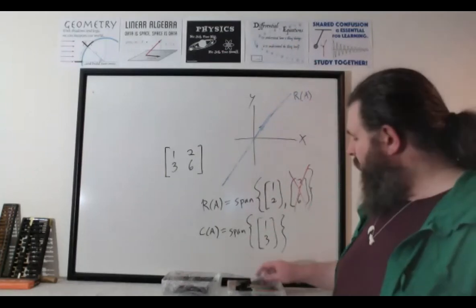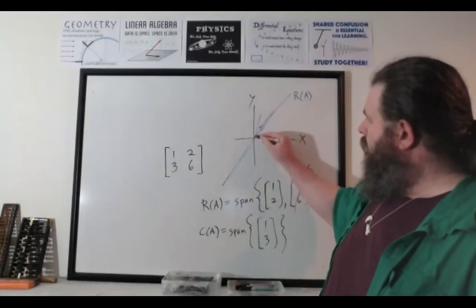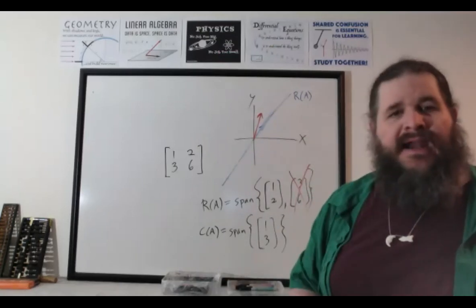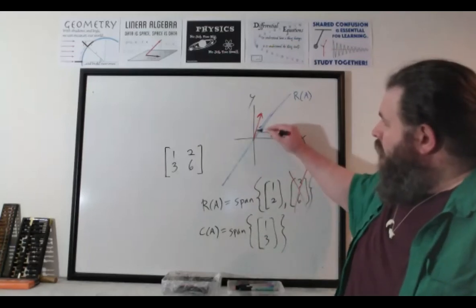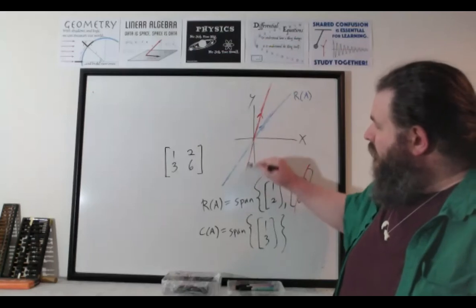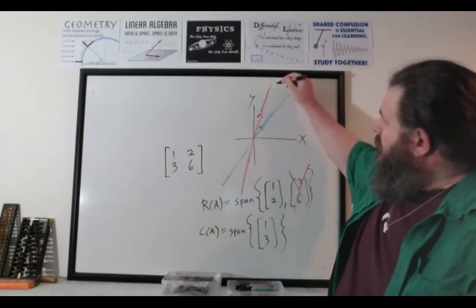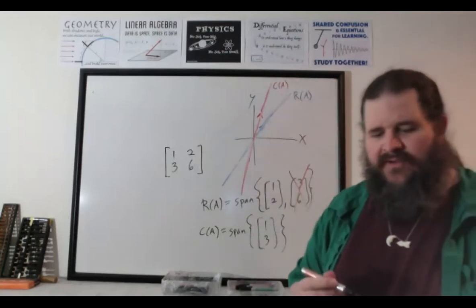Whereas for the column space, we take the vector 1, 3. So this vector, and then any scalar multiple of it. A positive scalar multiple will make it longer or shorter in the same direction. A negative scalar multiplier just takes the exact opposite direction. So this infinite straight line is the column space of A. Are those the same vector space?